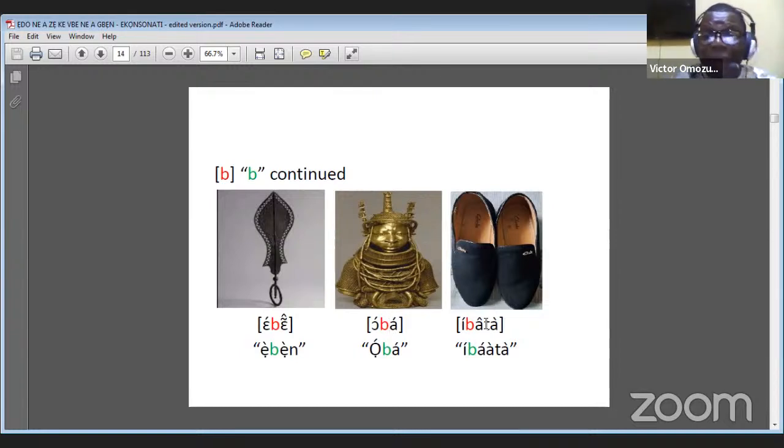So an oral vowel will always begin an Edo word. A nasal vowel cannot begin an Edo word. Nasal or oral vowel can appear at the end of a word, but never a consonant. A consonant can never appear at the end of any Edo word. So we move on.